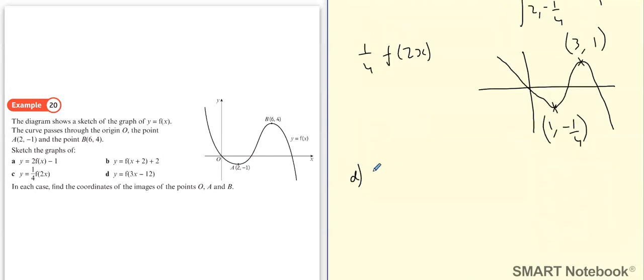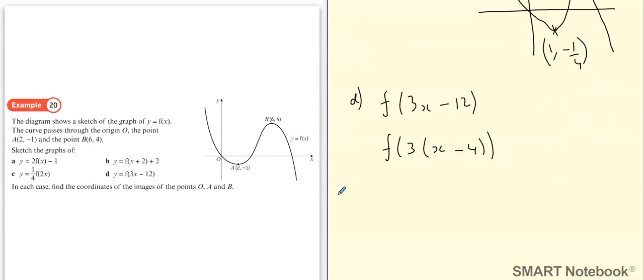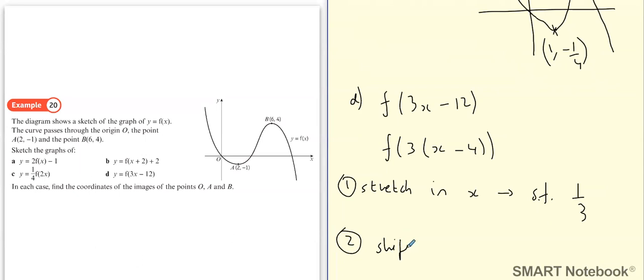Right, D is the slightly tricky one. For this, what we need to do is factorize the 3 out inside the brackets. So now we've got 2 in the same axis. Stretch in X, scale factor 1/3. And number 2, shift in X, move to the right by 4.